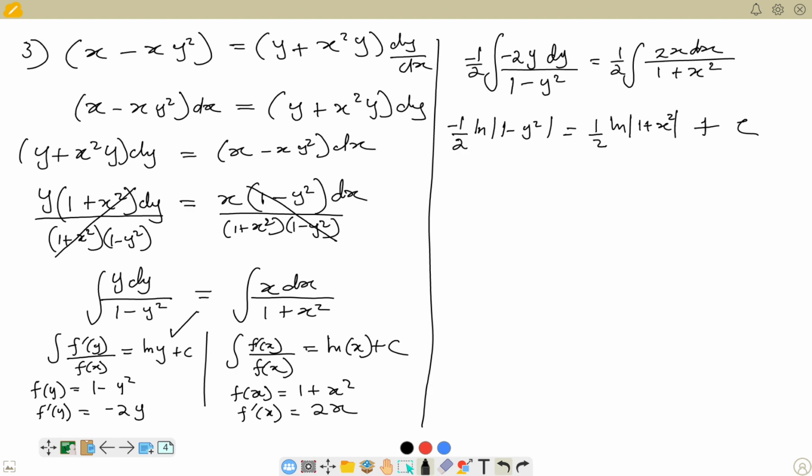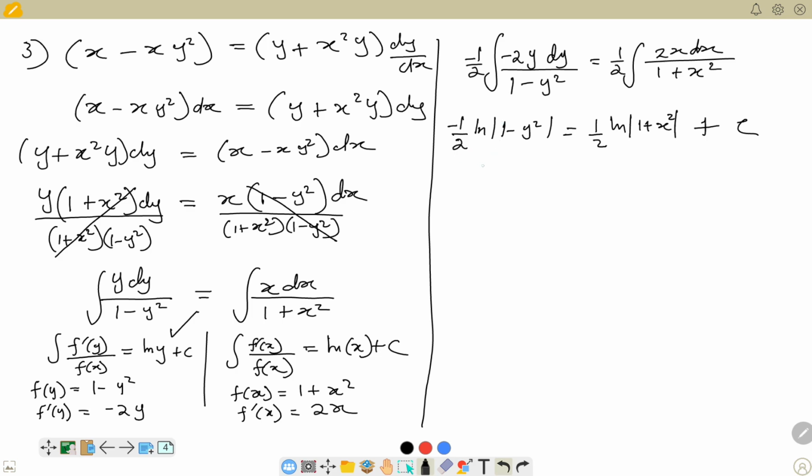We have used absolute brackets here because we know that we cannot take a natural log of a negative. So these absolute values show that there are limitations to the natural log. However, we can still use normal brackets if we want. The answer will still be correct, but this is the most correct mathematically.